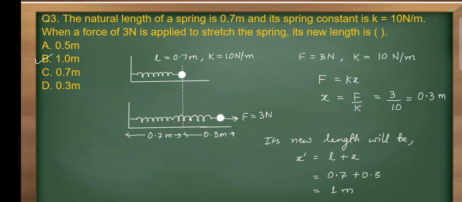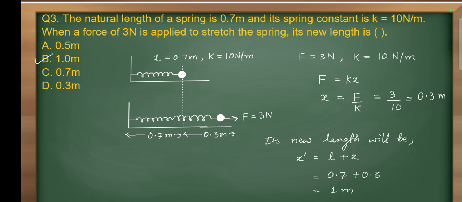So when we apply a force of 3 Newton, we know that force is equal to K times X. So X is equal to force by K. We will put the value of force, that is given as 3, and K is given as 10. When we solve this, we will get X is equal to 0.3 meter.